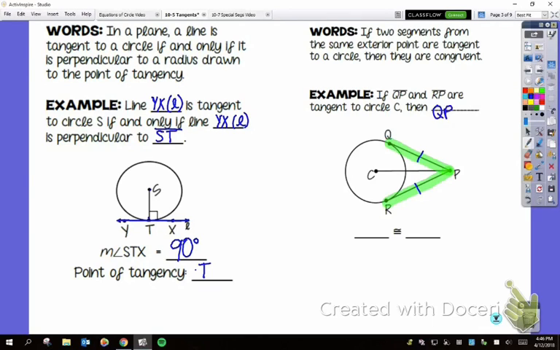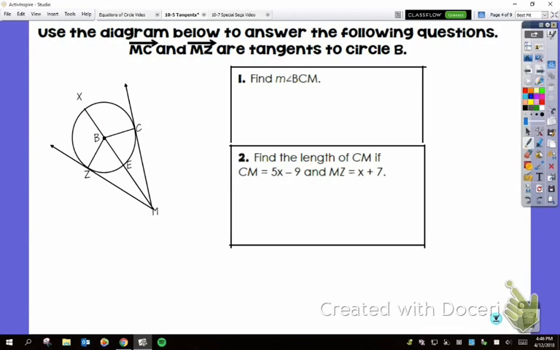So we would know that QP is congruent to RP.